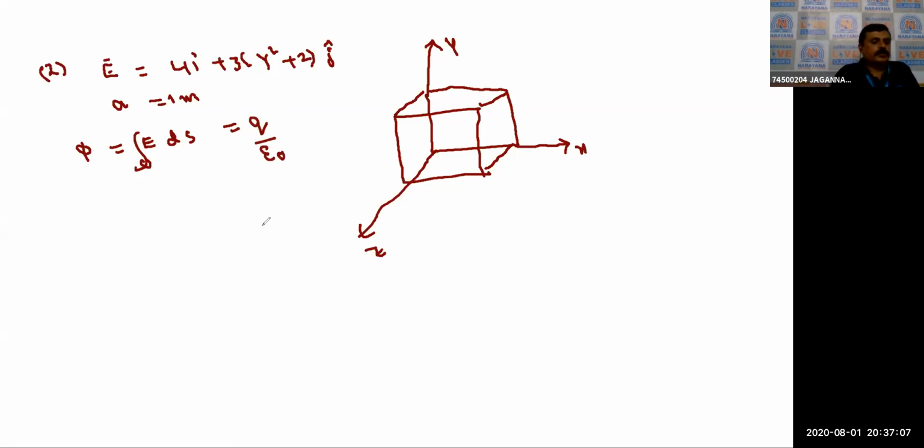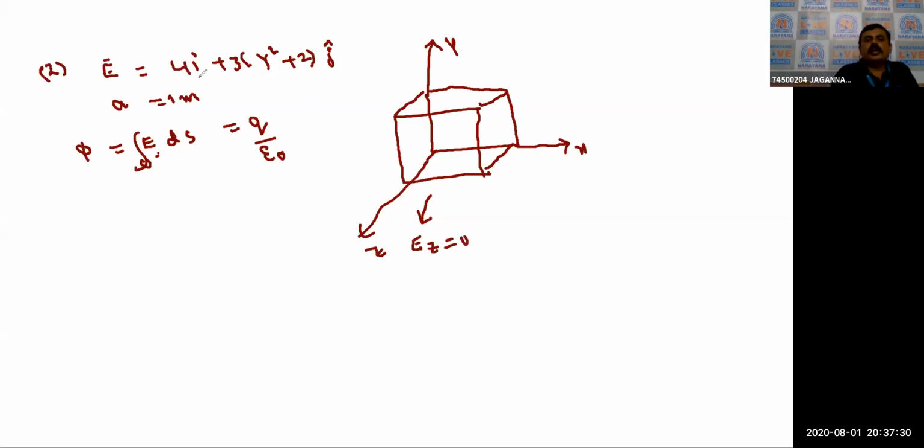If you know the electric field, then it is easy to find how much the charge will be. First of all, the electric field is 4i plus 3y square plus 2j, meaning there is no electric field along the z-axis. So electric field along the z-axis is 0.